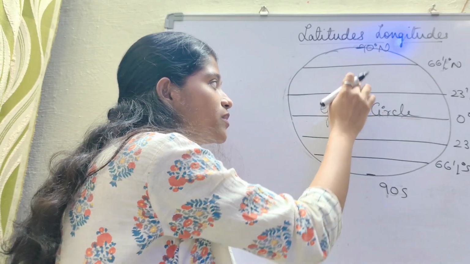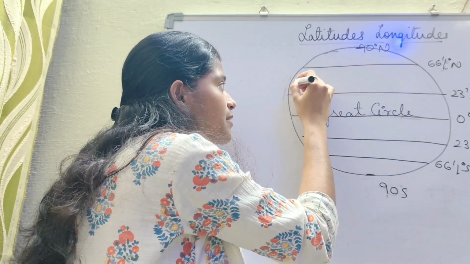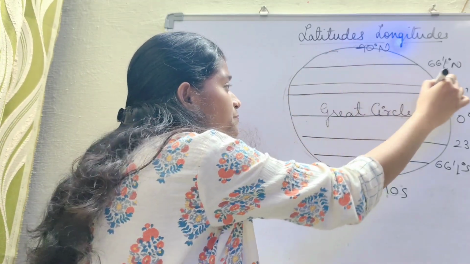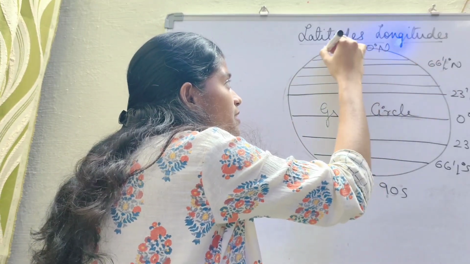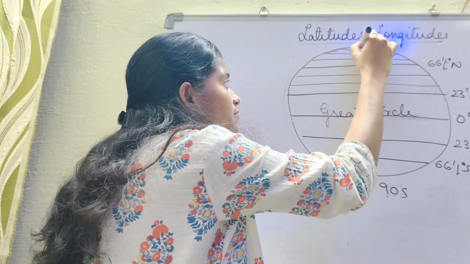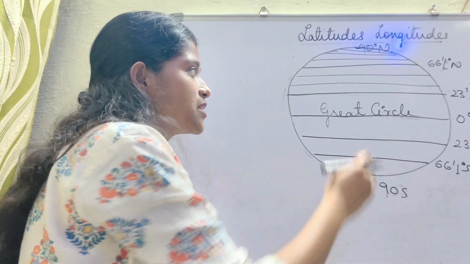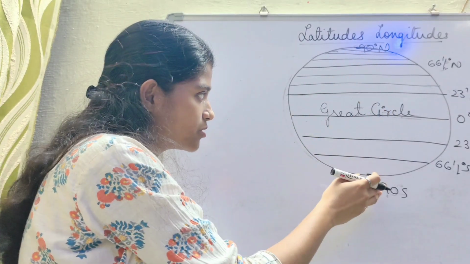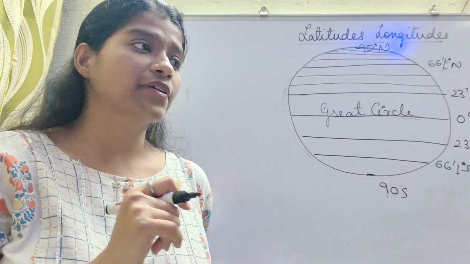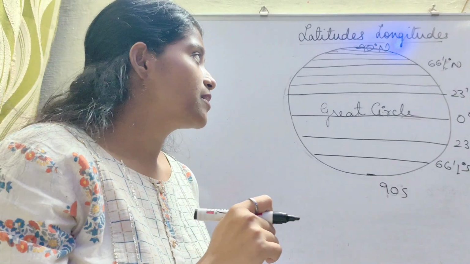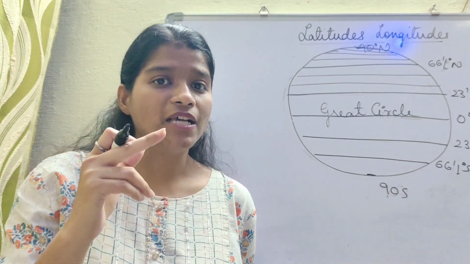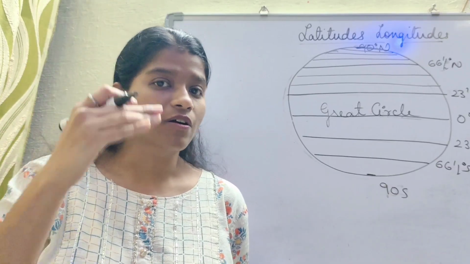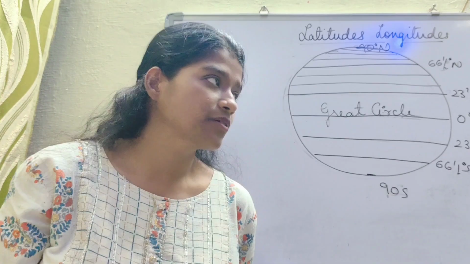But as I move to the north, the length of the lines goes on decreasing. Remember, this is a very important thing: the length of the lines decreases as we move north or south of the equator.